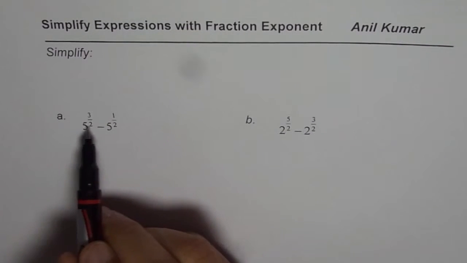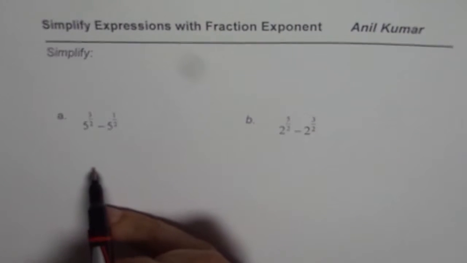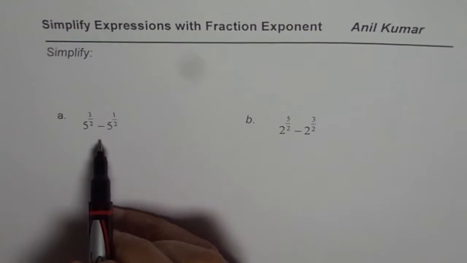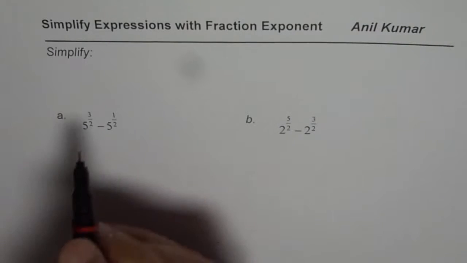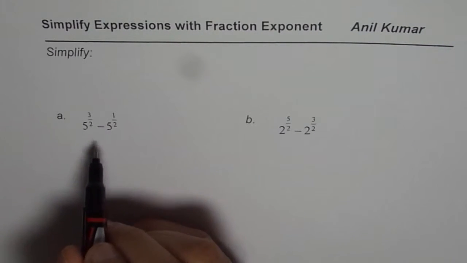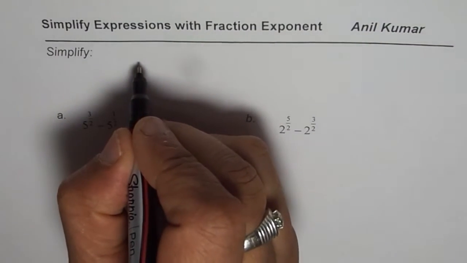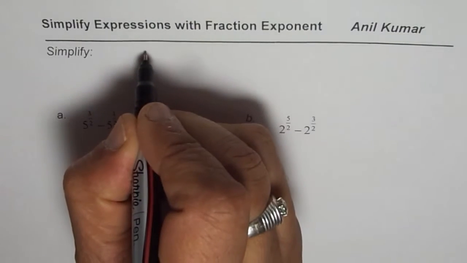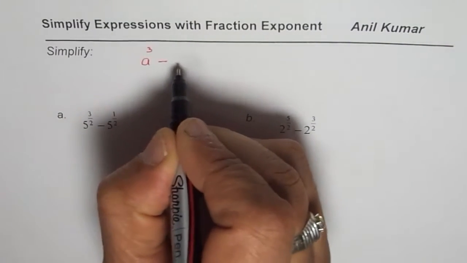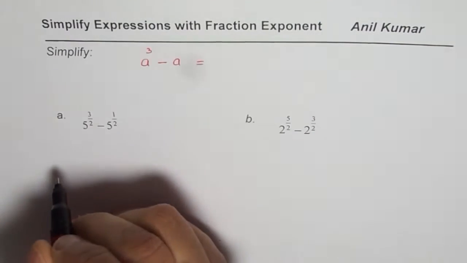Now, whenever you're working with such rational exponents or fraction exponents, it makes things very difficult. They may look simple, but they're not. But let me start with the normal numbers, and then we'll come to these. For example, if I have a to the power of 3 minus, let us say, a, how do we factor?